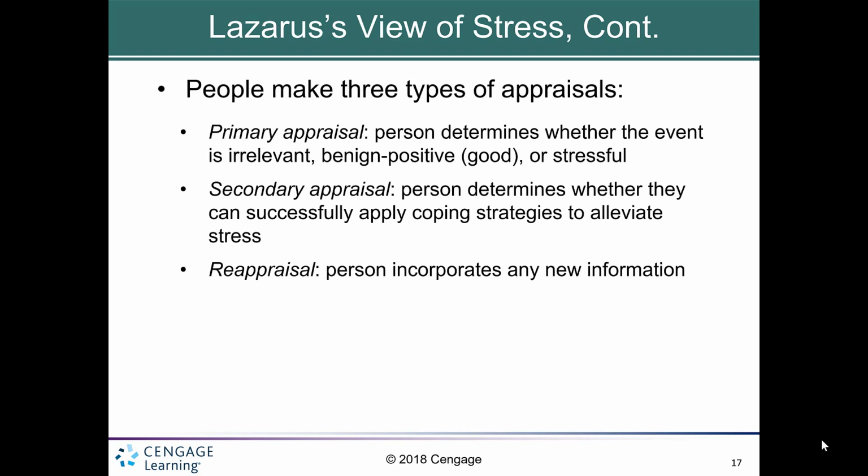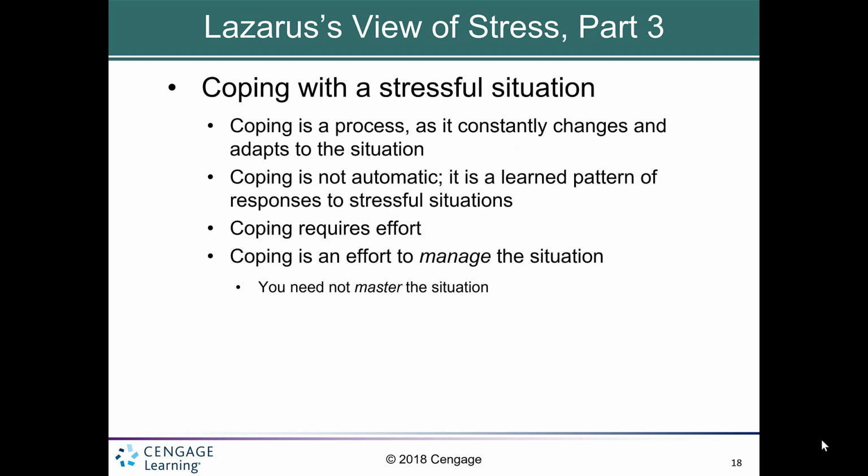Secondary appraisal is one's perceived ability to control or cope with harm, threat, or challenge. Reappraisal of an event occurs as an ongoing process to reevaluate a changing situation. Having a number of options available that you feel you can use to reduce harm or threat will make the event less stressful.